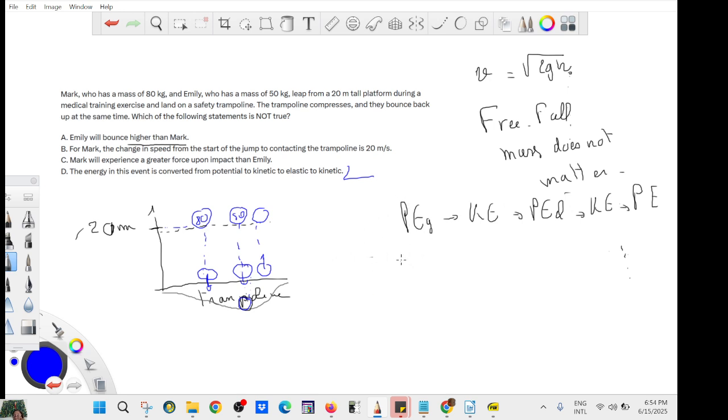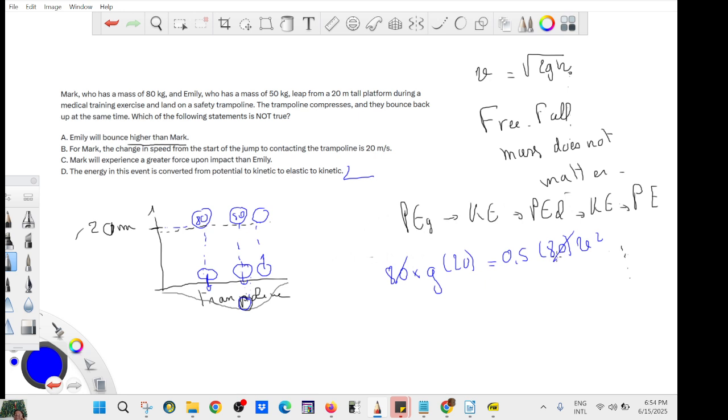If you have a mass, let's say you have potential energy mgh, with the height being 20. I want to know the final speed. You have the kinetic energy, and then v squared. You see that the mass does not matter.